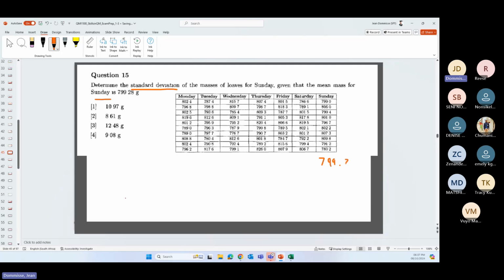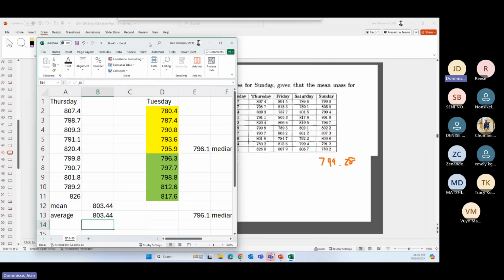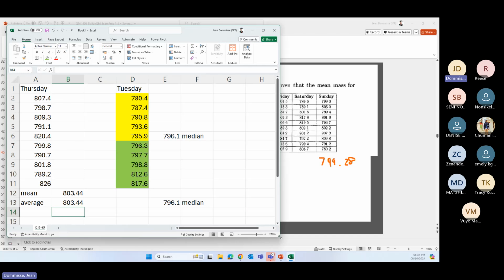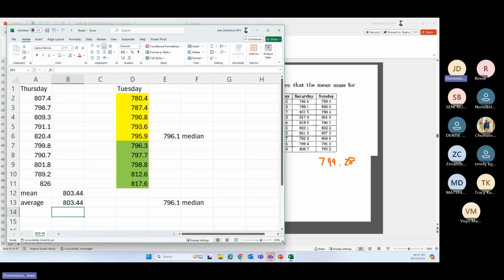Okay, so this is now, again, a lot of work. So let me just show. So this is a bit unfair if you guys need to do something like this in the exam.